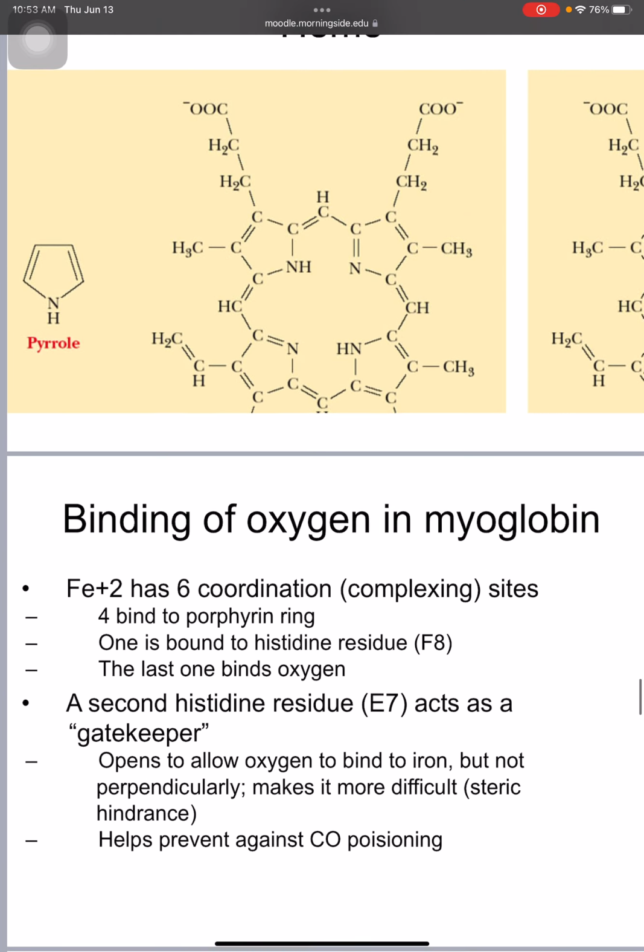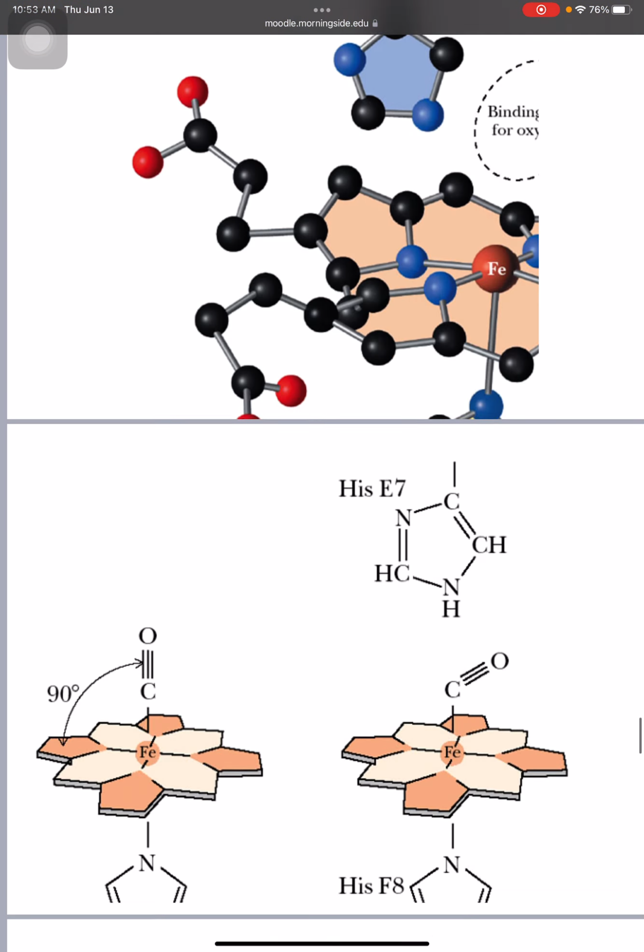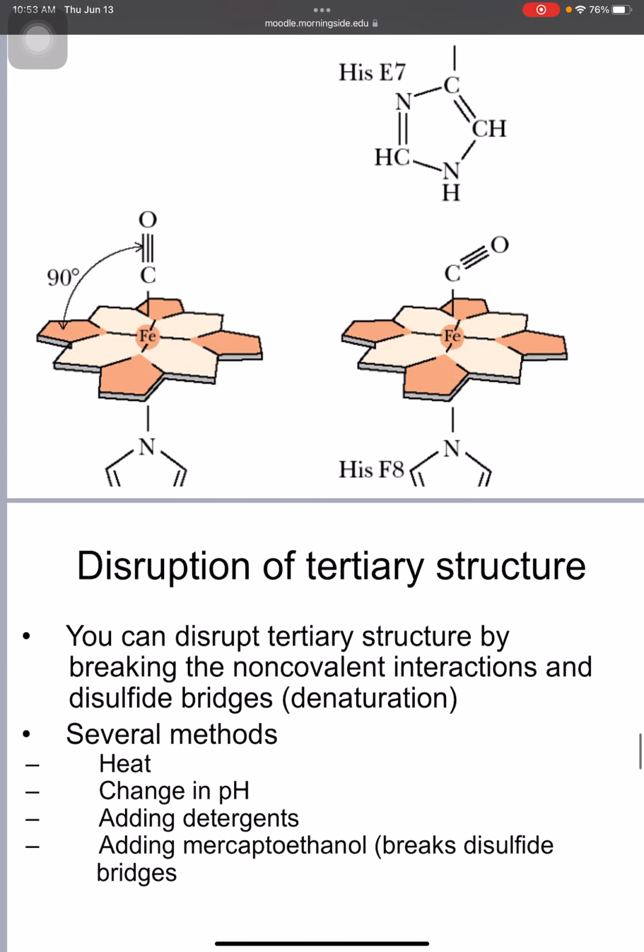We might want to disrupt this tertiary structure because it might be necessary for learning more about the overall structure of a protein, learning the sequence, or looking at activity of disrupted protein structure versus normal native conformations. All right. So this process is called denaturation or denaturing a protein.